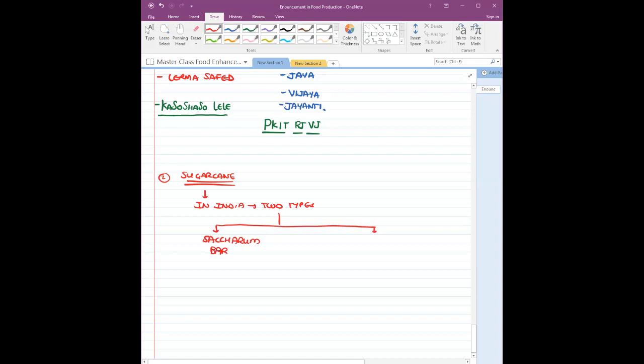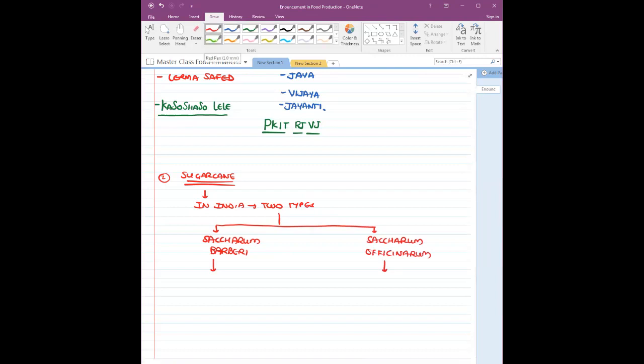Now guys, both of them have two different targets altogether.